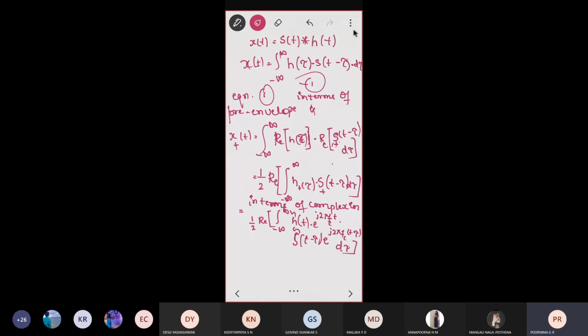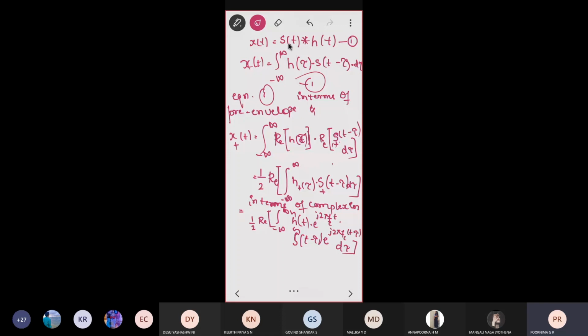This convolution process, when converted into product terms, lets you represent x of t, the output of the bandpass system, as the integral from minus infinity to plus infinity of h of tau multiplied by s of t minus tau, d tau.